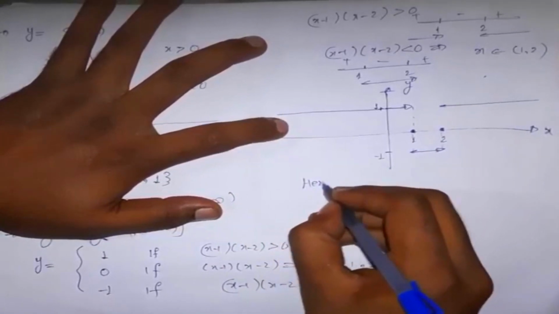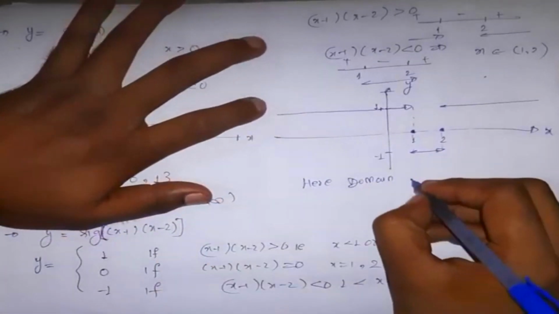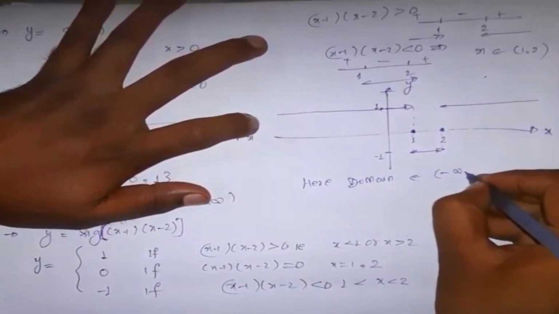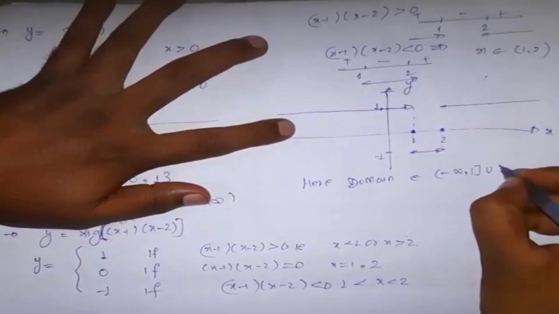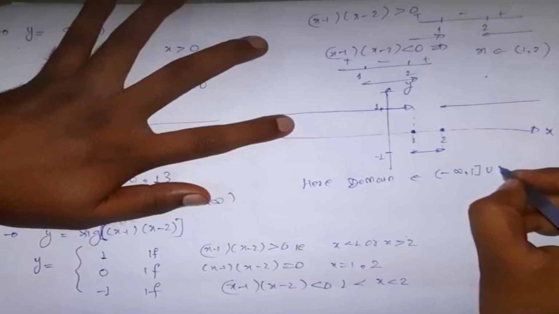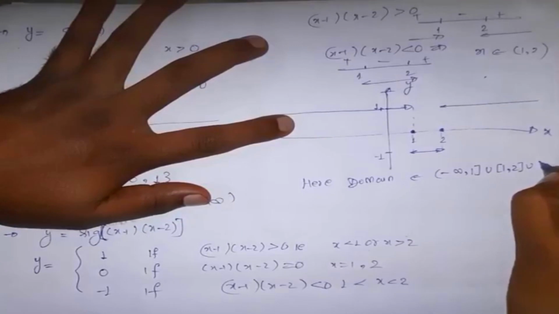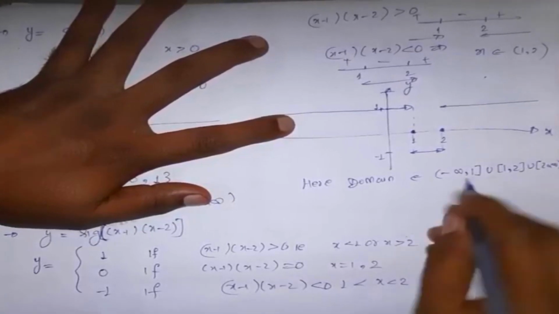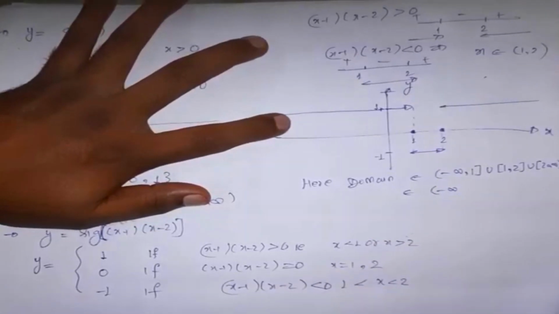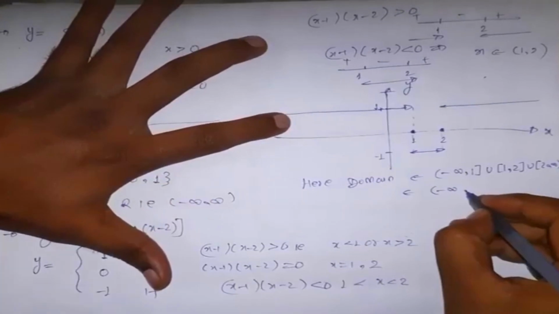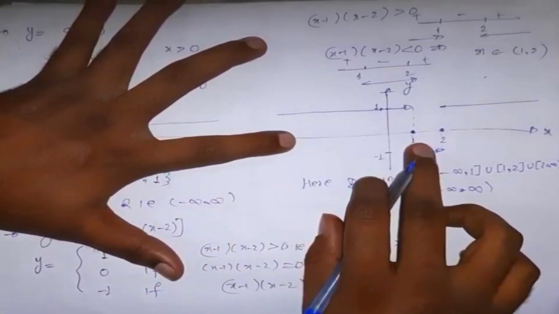So here we can find the domain of this function. It will belong to minus infinity to 1, union 1 to 2, union 2 to infinity, or we can say simply minus infinity to plus infinity, because all the values of x are taken into account.